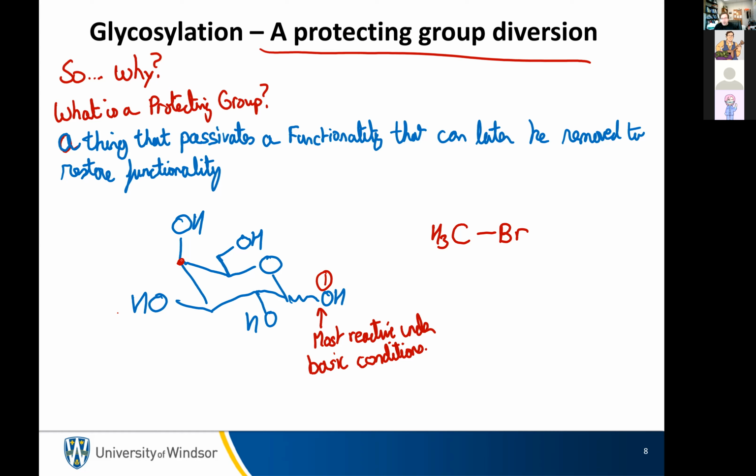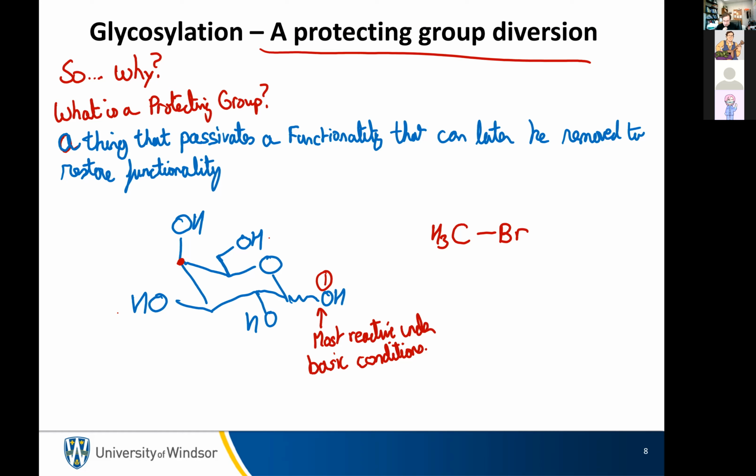Ronaz has identified 1 because the electronics on 1 are different. It's got this weird anomeric effect, donation, instability of the charges and things because of everything we've discussed. Is there anything weird about the electronics of any of the other 4 hydroxyl groups, or are they all basically the same electronically?